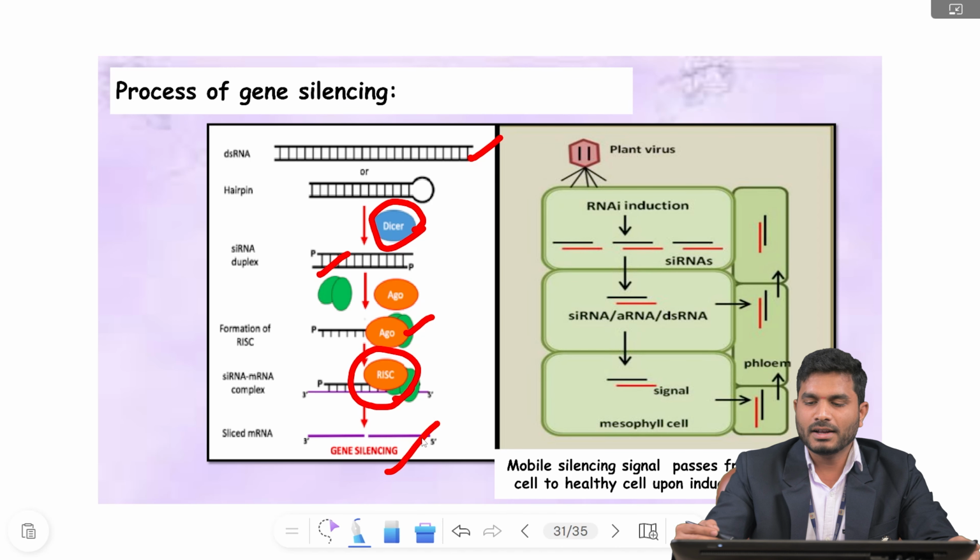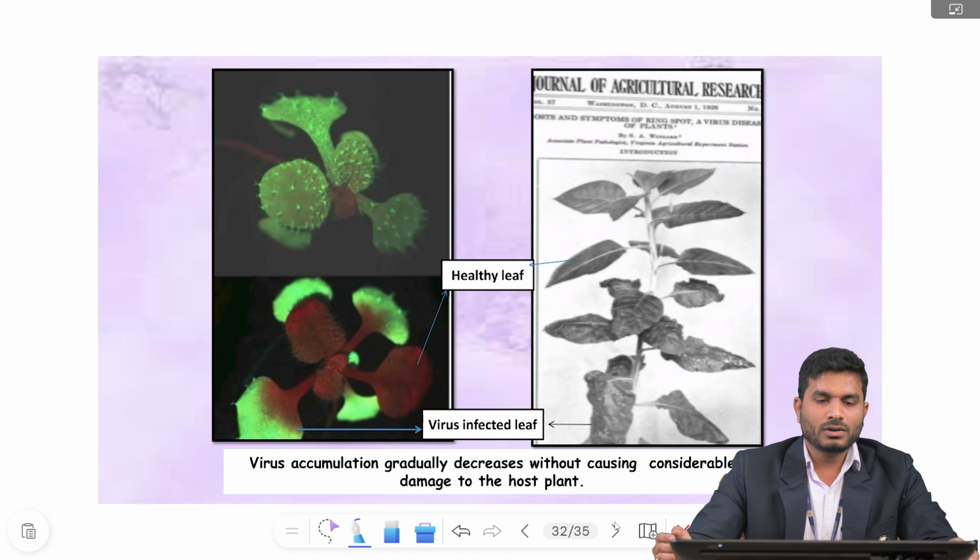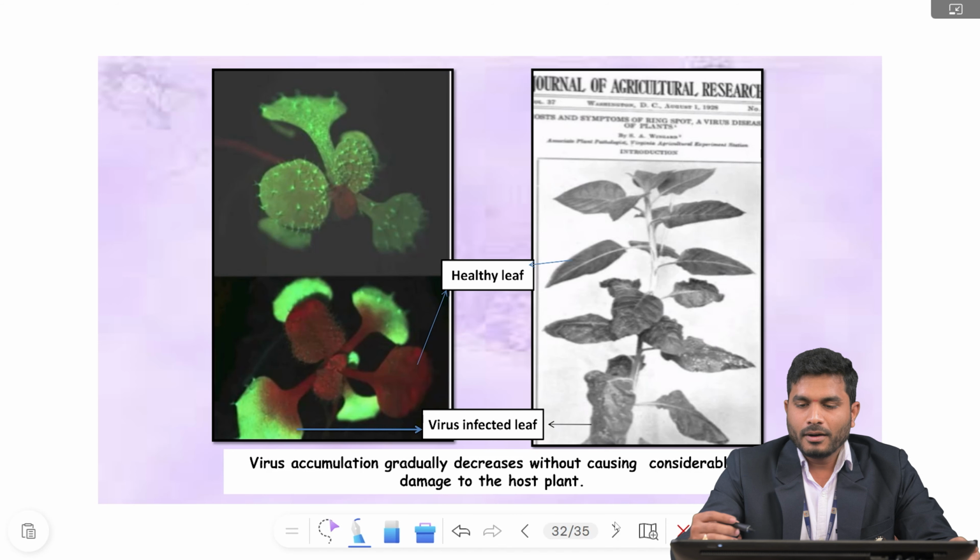Whenever gene silencing occurs in a plant or in a cell, these signals pass from cell to cell, and move through xylem and phloem, and the whole plant becomes active through these silencing mechanism signals. So this is a picture depicting how a plant defends against cognate viruses by the gene silencing mechanism. At the top we can see healthy leaves, whereas at the bottom we can see the infected leaves.